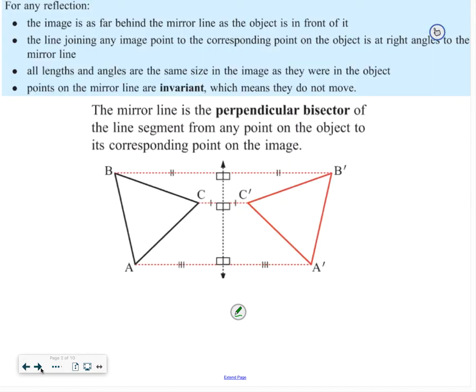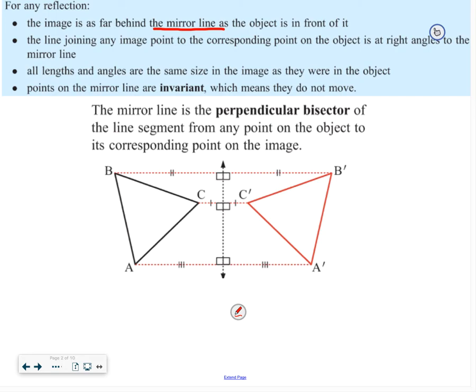Some interesting things to know about reflections. The image is as far behind the mirror line as the object is in front of it. That means the distance from your mirror line to your image is the same as the distance from your mirror line to your original point.